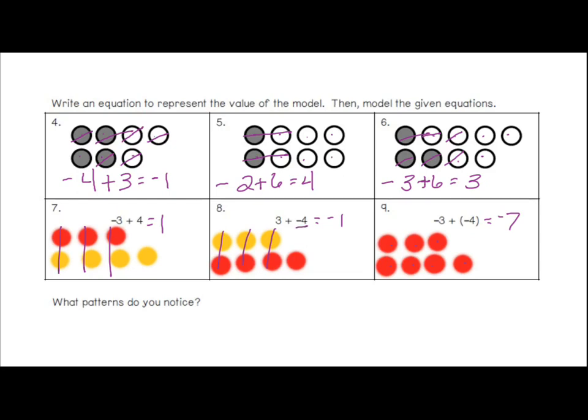On number 8, we had -4, which has a greater absolute value than 3, is negative, and our answer is negative.